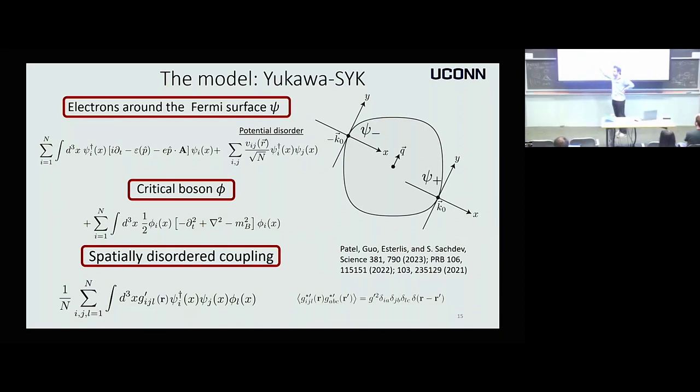I'm not going to average it, but I coarse grain for a particular configuration of G's. Okay, but in reality you have to average over this thing first, right? And what's going to happen once you do that? You're going to have an interaction that contains 2 of these and 4 of these.